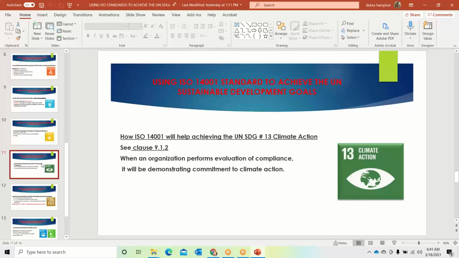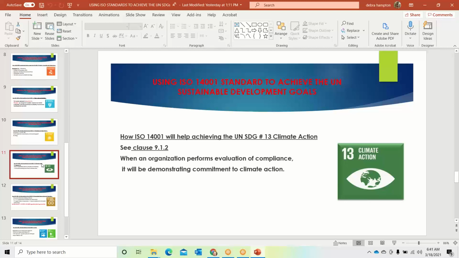The applicable clause in our standard is clause 9.1.2. So 9.1.2 has to do with evaluation of compliance, or compliance evaluation. That's what the clause is all about.